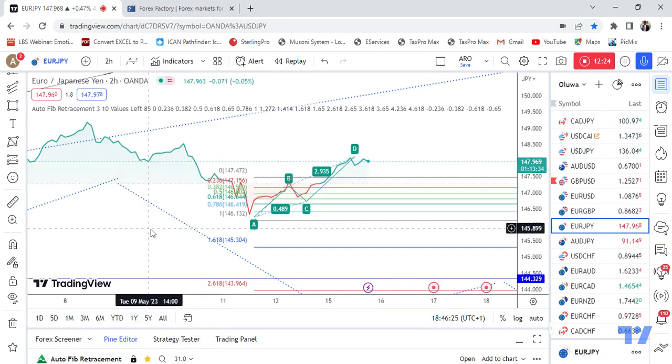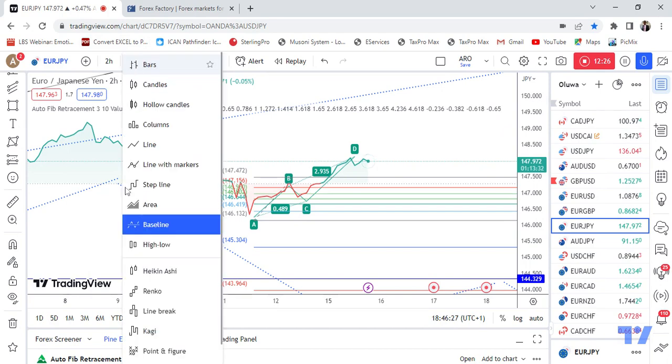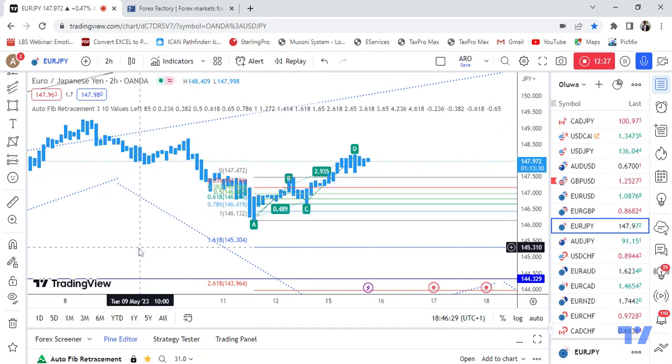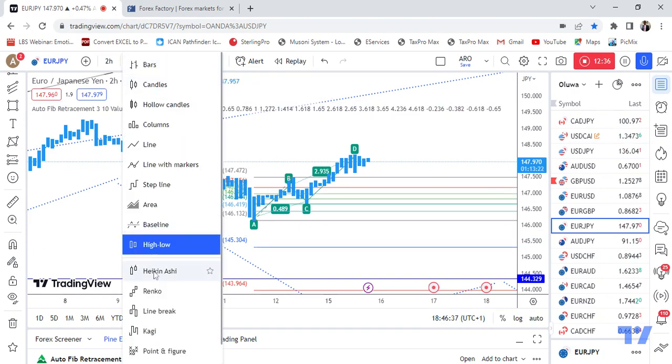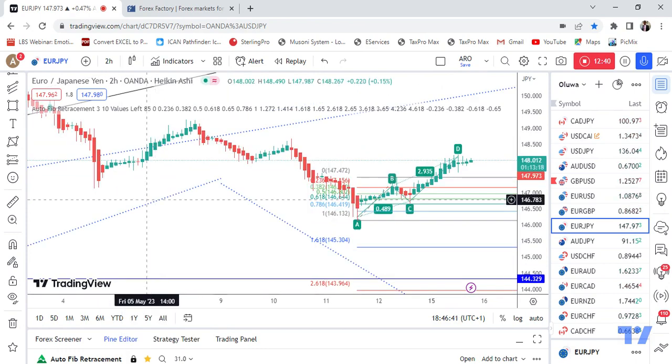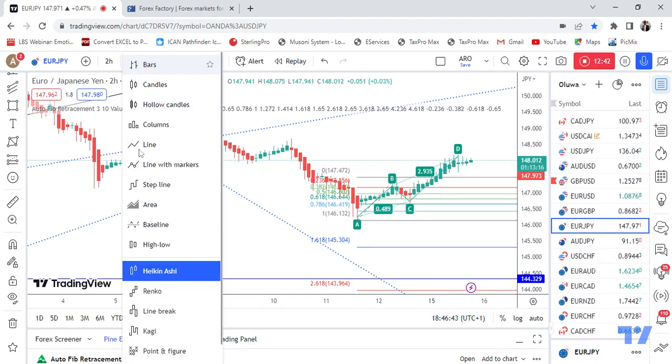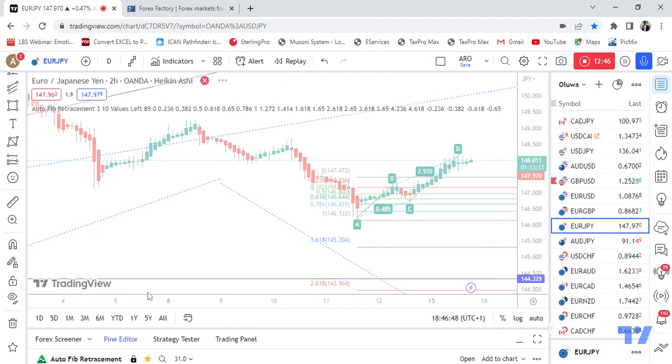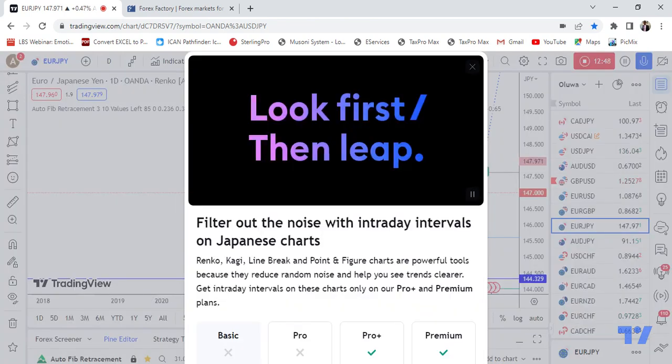This is the baseline. Then this is high and low, so it will indicate the highs of the market and the lows of the market. This Fibonacci candlestick you can see, but we prefer that you use the normal candlestick because all those ones have some techniques that if you are not a professional you cannot understand.